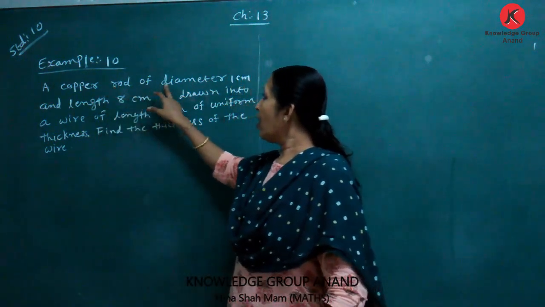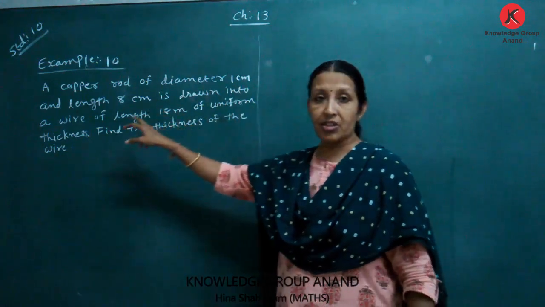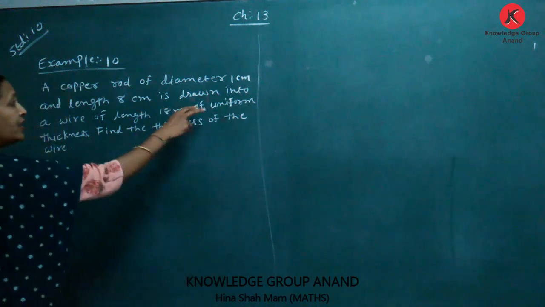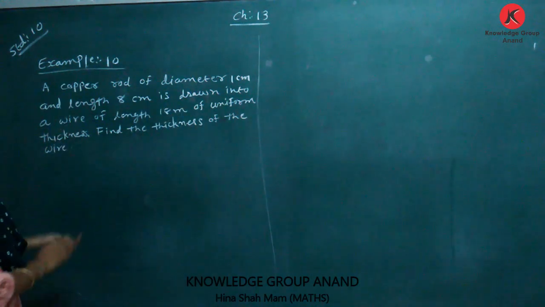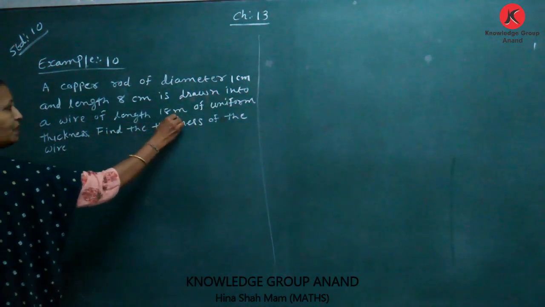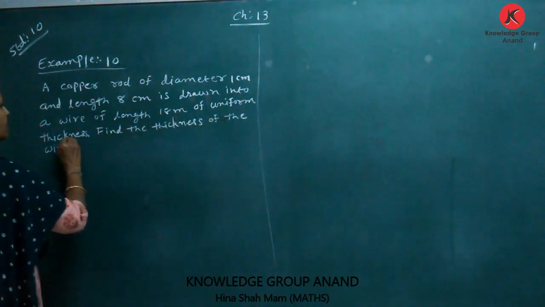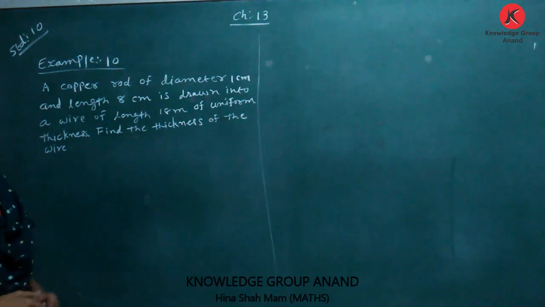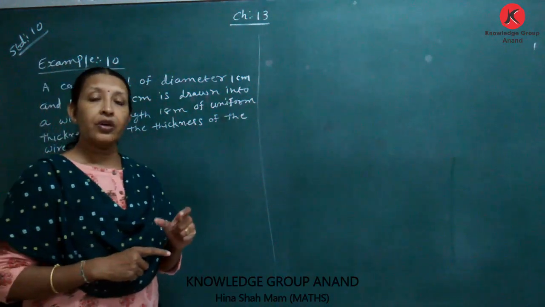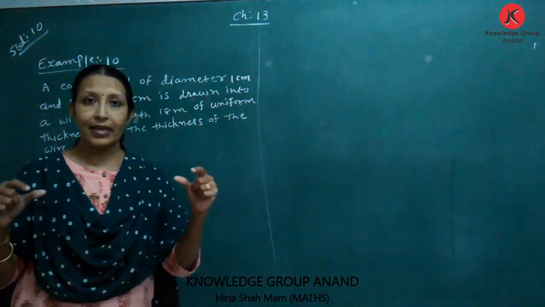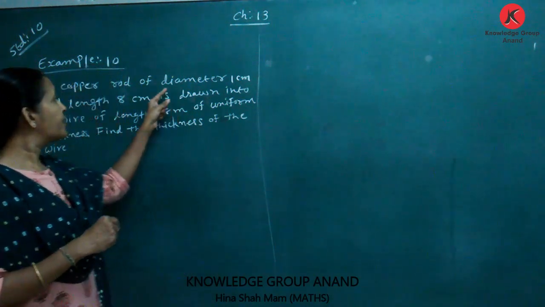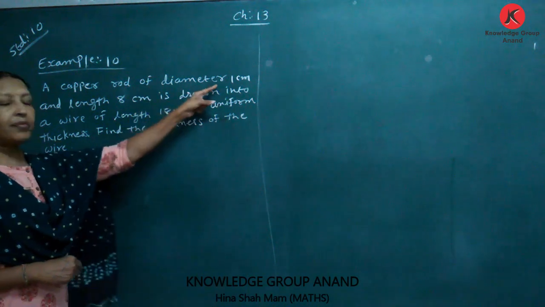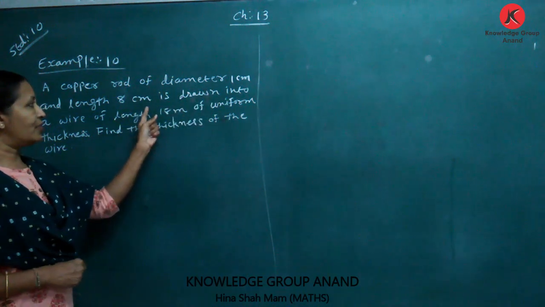A copper rod of diameter 1 centimeter and length 8 centimeter is drawn into a wire of length 18 meter of uniform thickness. Find the thickness of the wire. The rod is cylindrical in shape, with diameter 1 centimeter and length 8 centimeter.